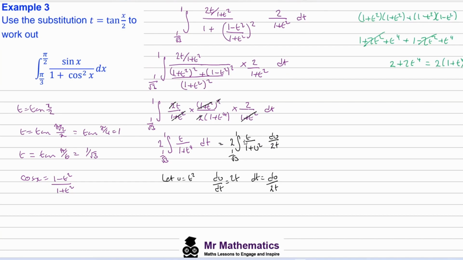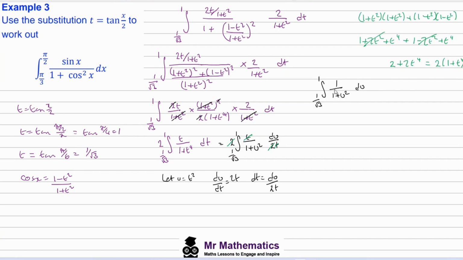Now you can see this t will cancel with this one, and this division of 2 will cancel with this multiplication of 2. So now we have the integral between the limits in terms of t of 1 over 1 plus u squared, integrated with respect to u.